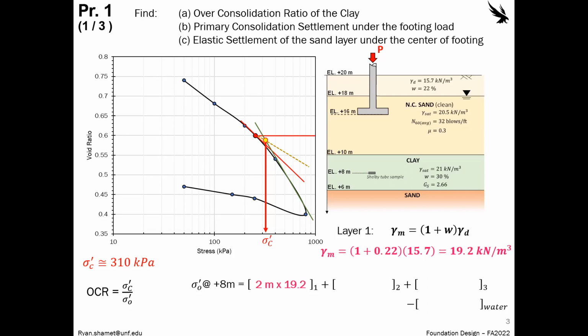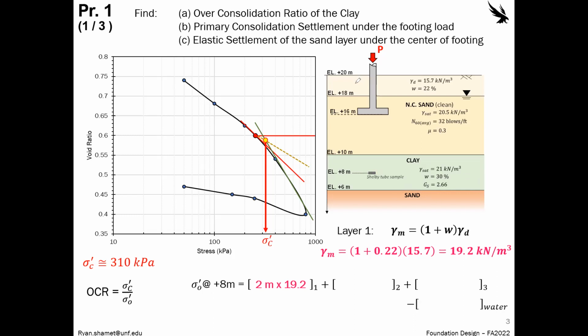I'll follow through all of these. We are given dry conditions at the top, but we're also given a moisture content, so we need to find the moist unit weight in this first layer. We need to find this where the soil sample was collected, which is down here at an elevation of 8.